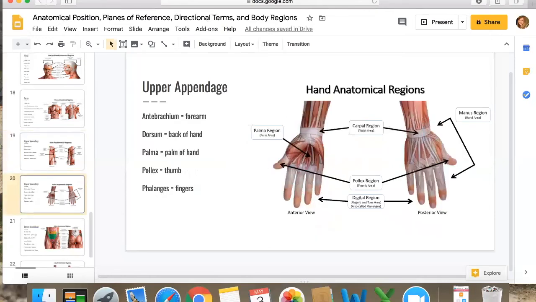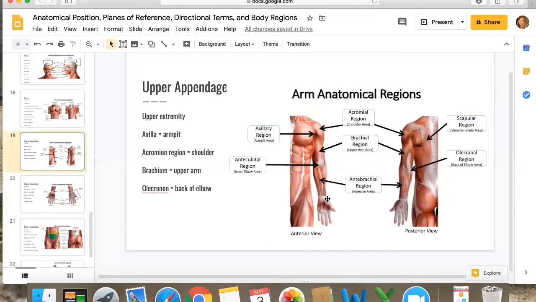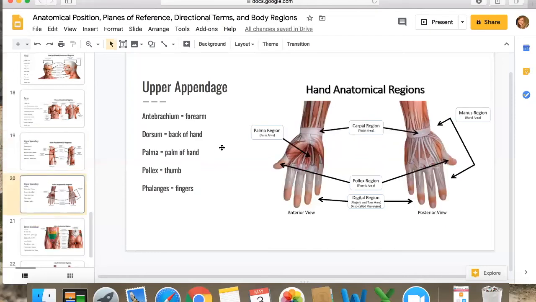Again, a lot of these will make more sense when we actually move on to looking at the bones individually and looking at muscles. So now continuing on, we have the antebrachium, which is the forearm. So remember, we had the brachium or brachial region and the antebrachial region. The dorsum, which is the back of the hand, again referring to back.